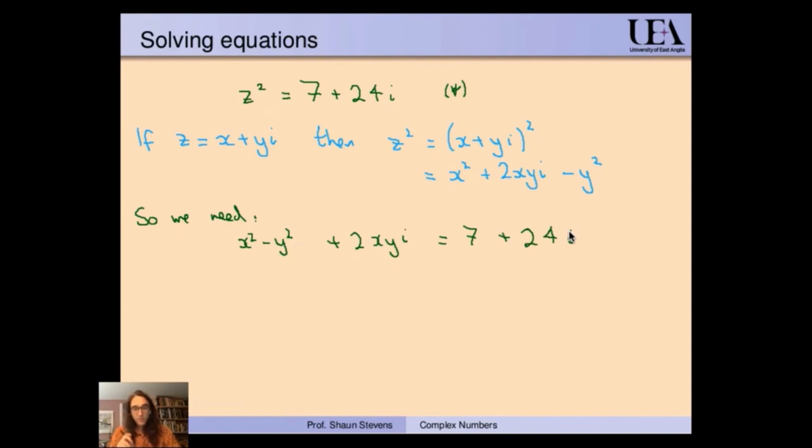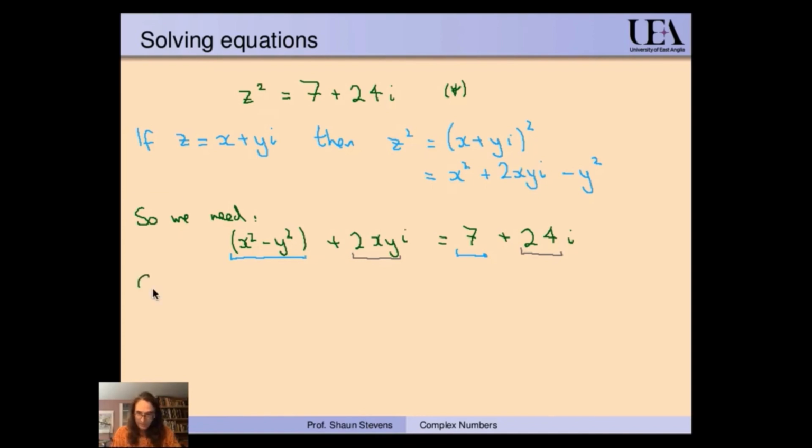And now, fortunately, we know when two complex numbers are equal. They're equal when both the real parts at the beginning are equal and also the parts before the i, so the imaginary parts, are equal. So that gives us now two equations in x and y.